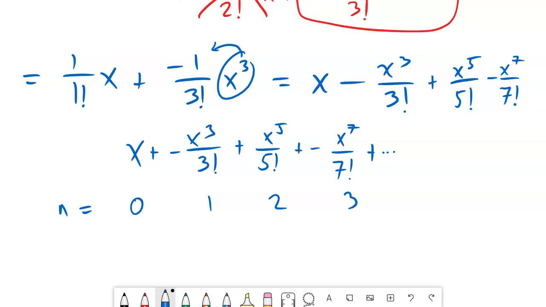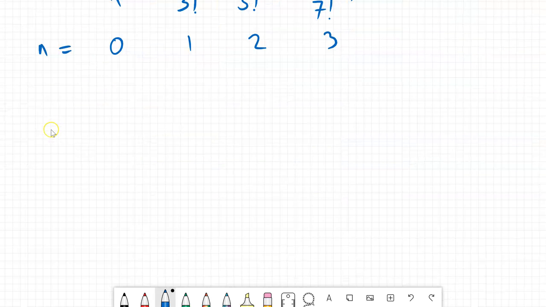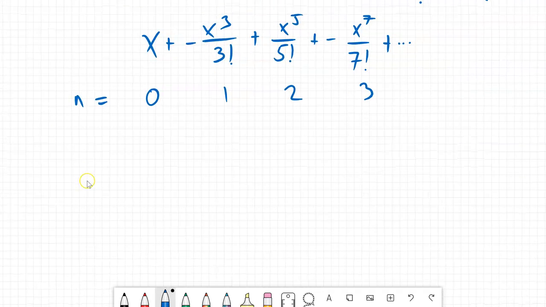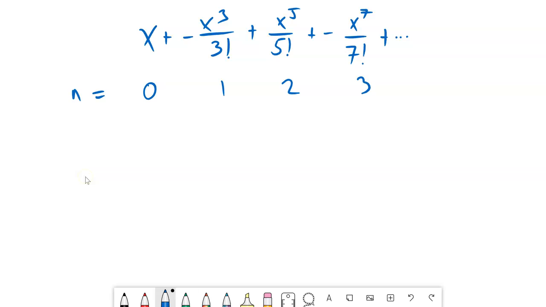It alternates signs, so we need an alternating sign, and the way we do that is by (-1) to the n. And we need the first term to be positive, so if we plug in 0 here, it's going to be a positive number.